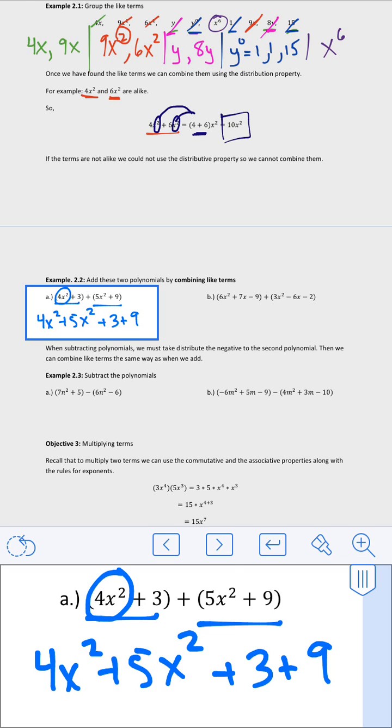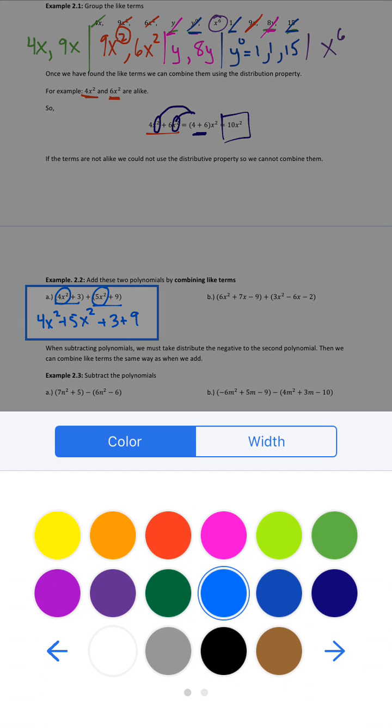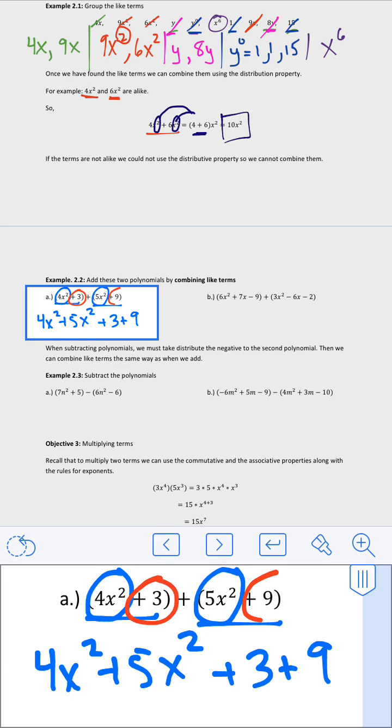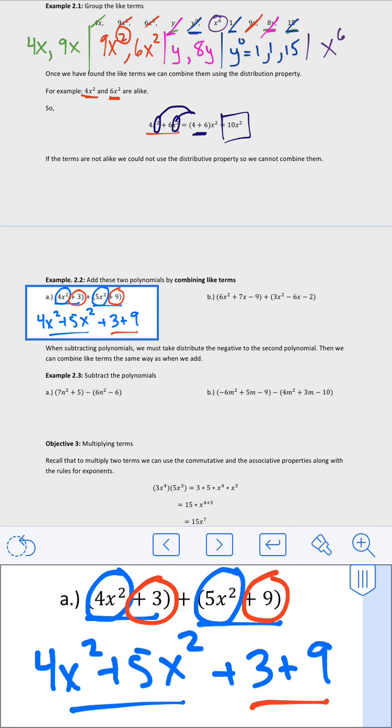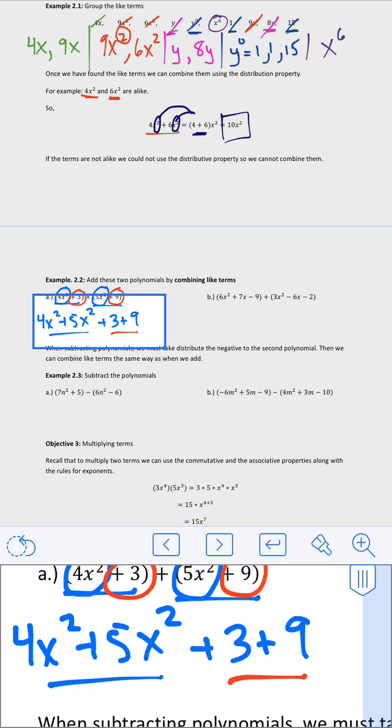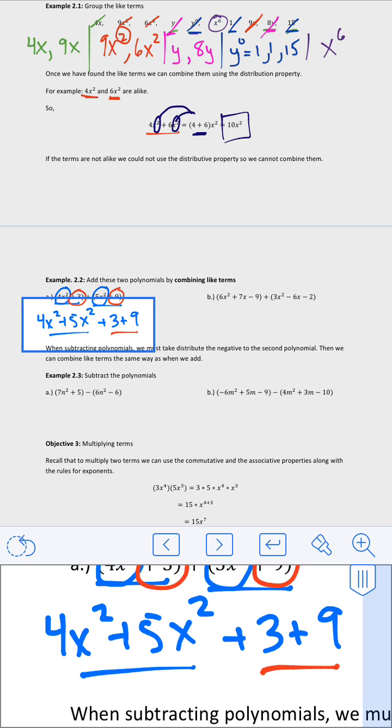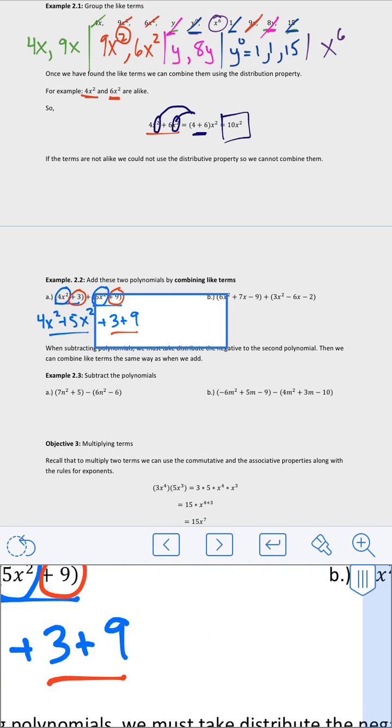I said, okay, these two guys both have an x squared on them, so they must be alike. And these two guys are both constants, so they must be alike, right? So I put those two together, and I put those two together. Now I can simplify that a little bit. I can use that distribution thinking, and I can say, okay, 4x squared plus 5x squared, I have 9x squareds.